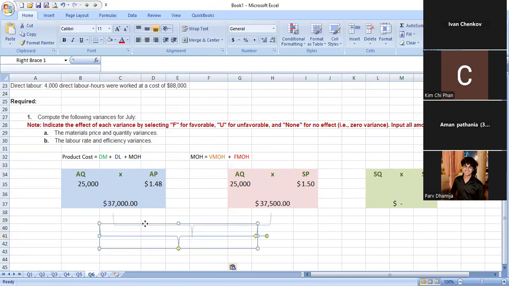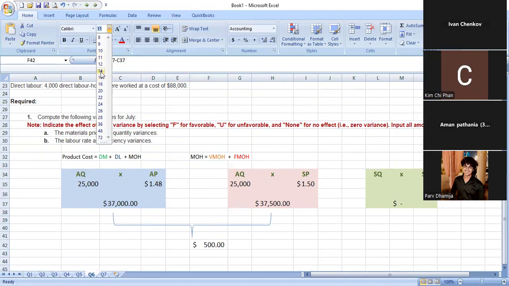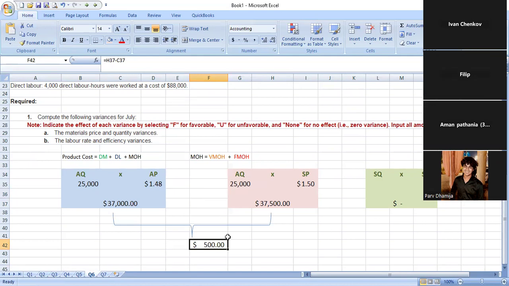Is it favorable or unfavorable? Favorable. And we can easily sense it's favorable. Why? Because the quantity is the same. What changes? Price. How much does the price change? Down 2 cents, times 25,000. That's 500. Simple. And that will be favorable here.